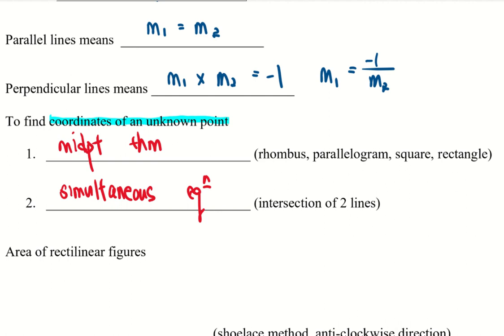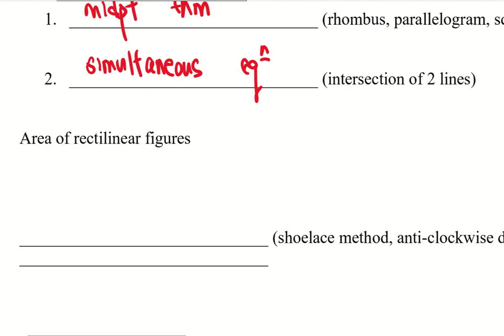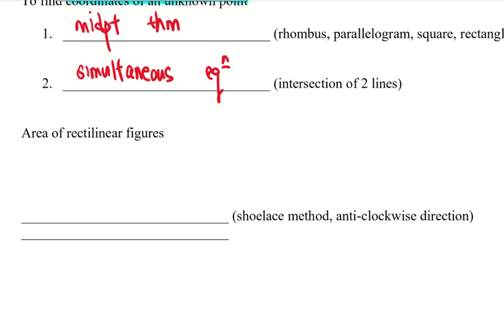And last but not least, they will usually ask you to find the area of the rectilinear figure that is given in the question. So we can make use of the shoelace method in anti-clockwise direction. Starting from the first most convenient point, in anti-clockwise direction, move on and continue.